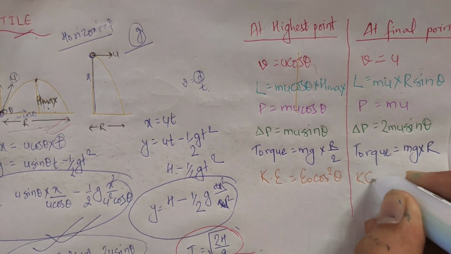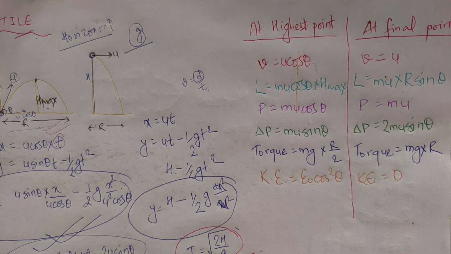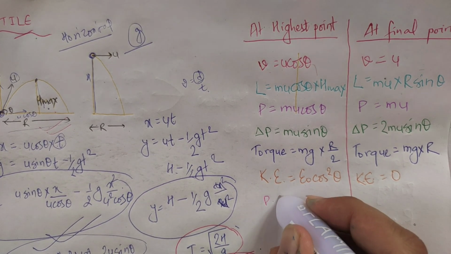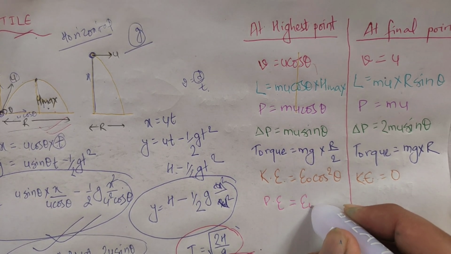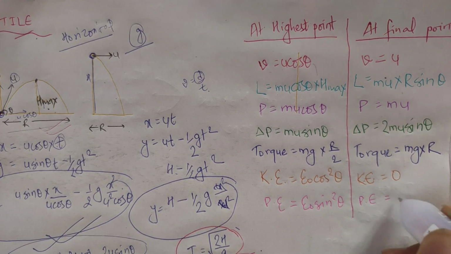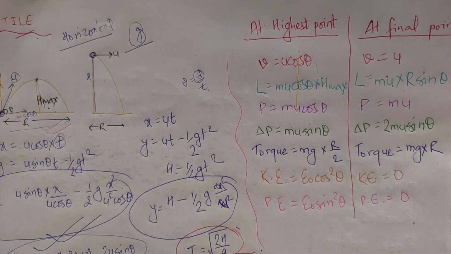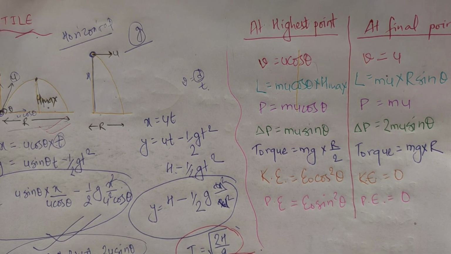Here kinetic energy is equal to 0. Here potential energy is equal to E naught sin square theta. Here potential energy is equal to 0. So these are the things you need to learn by heart in projectile.